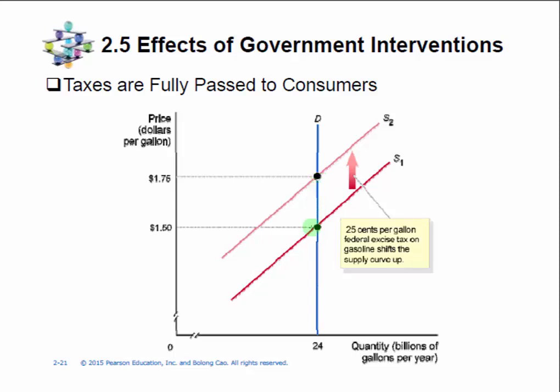Now it's 25 cents per gallon federal excise tax on gasoline. So that's when you have a vertical demand curve. Consumers buy at whatever price, and the tax burden will be fully taken over by the consumers.